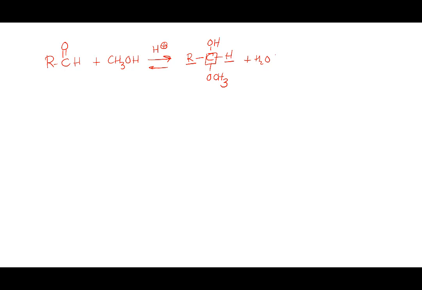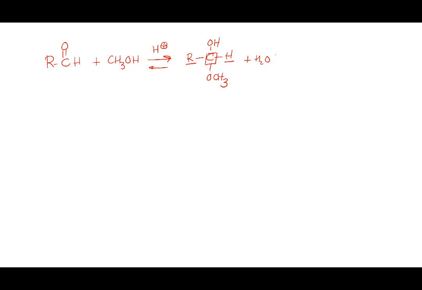And our biggest case will be if it forms a cyclic compound. Then the equilibrium would favor the right hand, would favor the product. And if you have some really strange aldehydes like formaldehyde, if you put formaldehyde in water, it makes formalin, which is the hydrate, that's stable.